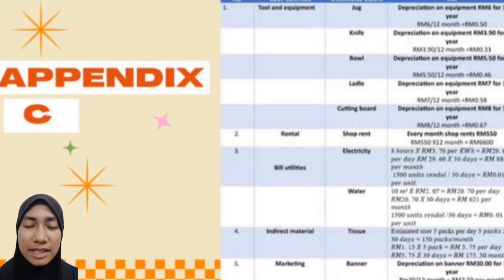Last but not least is the marketing cost center, which is the banner of the shop. The depreciation on the banner is 30 ringgit per year. Therefore, 30 divided by 12 equals 2 ringgit 50 per month.